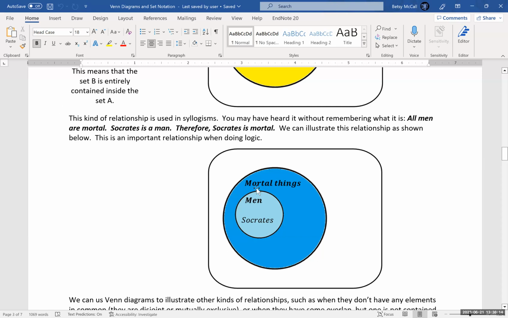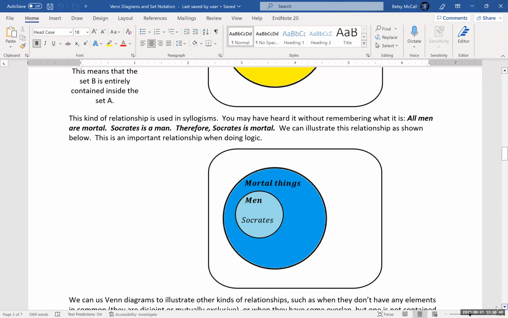All men are mortal means that men are a subset of mortal things. And Socrates is a man means that Socrates is in the set of men. Therefore, if Socrates is in the set of men and men are a subset of mortal things, then Socrates is also an element in the set of mortal things.